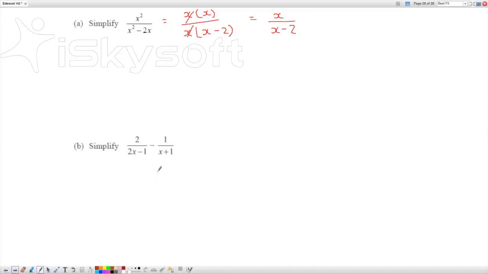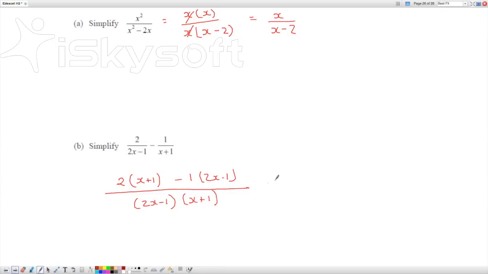Here we've got an algebraic fraction. We need to multiply our numerator terms by the other denominator, here by 2, and here by 1, and use a common denominator of the two terms multiplied together. So we'll have 2 bracket x plus 1 minus 1 bracket 2x minus 1, all divided by 2x minus 1 multiplied by x plus 1.